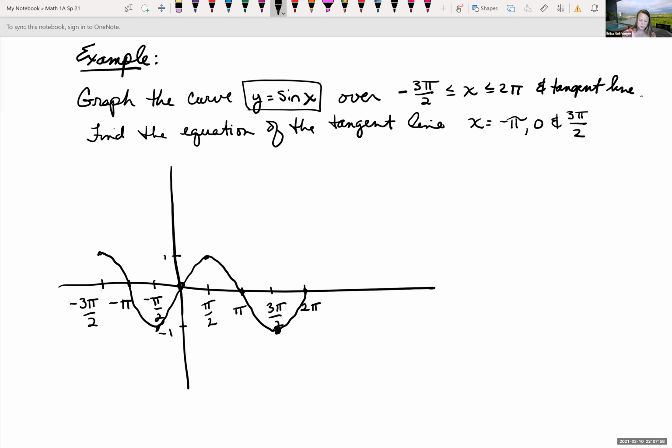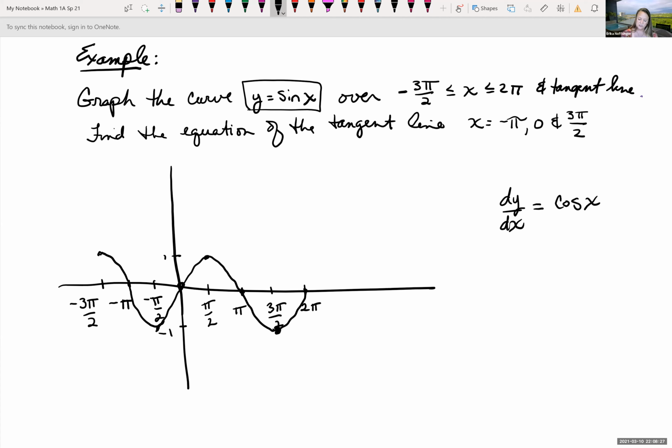Okay, so we graphed the sine function like it wanted us to, and it wants us to find the equation of the tangent line. Well, we know we need to find the slope, or the derivative. We need to be able to find the slope anywhere on sine of x, so we need the derivative of sine x. So dy/dx is equal to, well, the derivative of sine is cosine x.